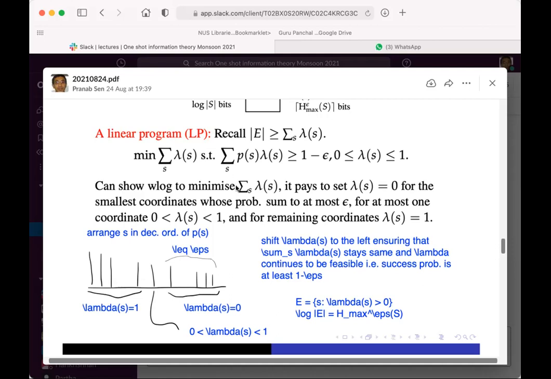That's how the proof goes. So this is a converse, not an achievability proof. But nevertheless, there is an operational meaning, which means that I'm changing the decoding strategy. I'll decode the smallest S with a little lesser probability, and I'll decode some other S prime with a little higher probability. That's what it means.